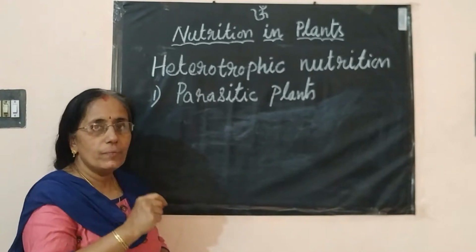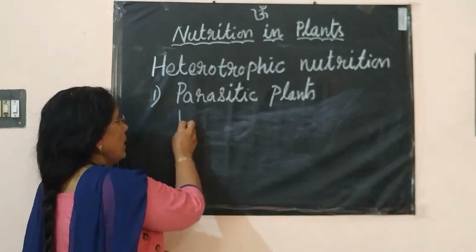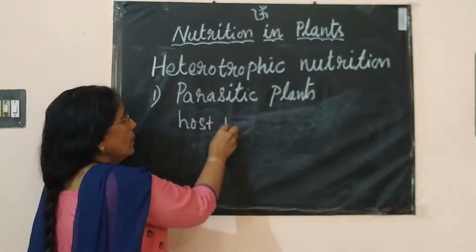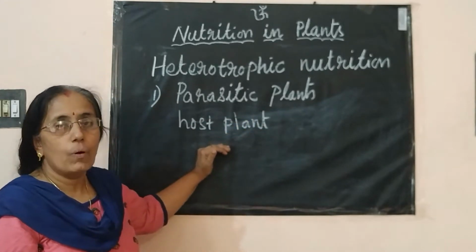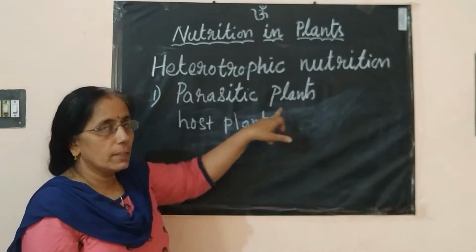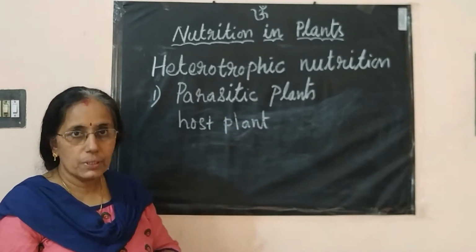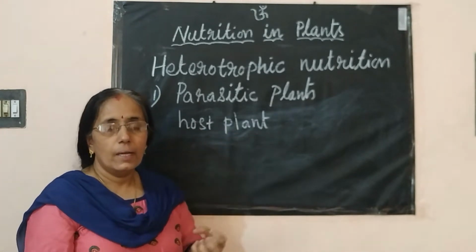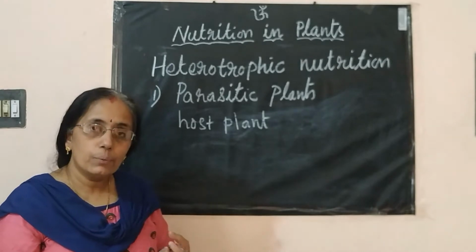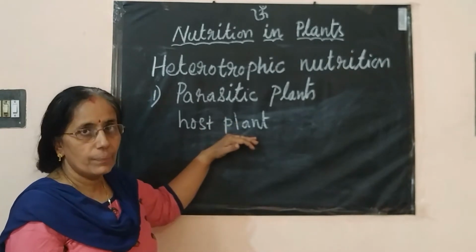Such plants on which these parasitic plants grow are known as host plants. So what are host plants? The plants on which the parasitic plants grow. They have specialized roots. These roots penetrate into the host plant and absorb the food and nutrition and also water from the host plant.